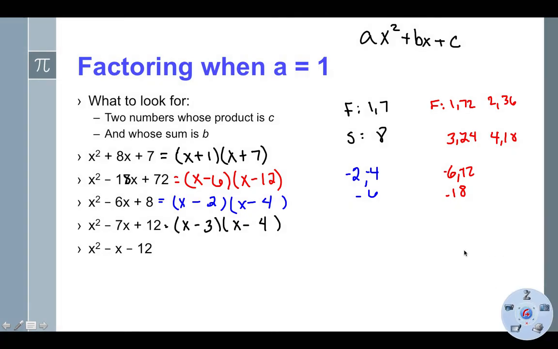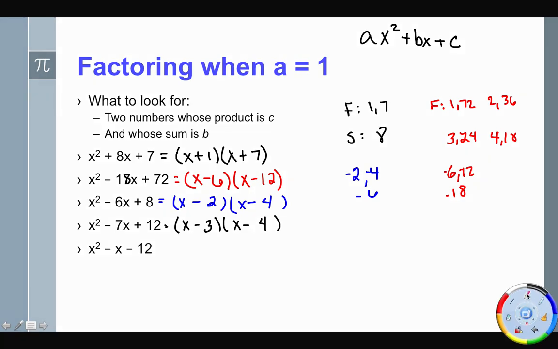What throws us a little bit is when we have both minuses here. So we need a negative product and a negative sum. If I take negative 4 and positive 3, or negative 3 and positive 4, I would get a negative product of negative 12, and I need to add them up to get minus 1.